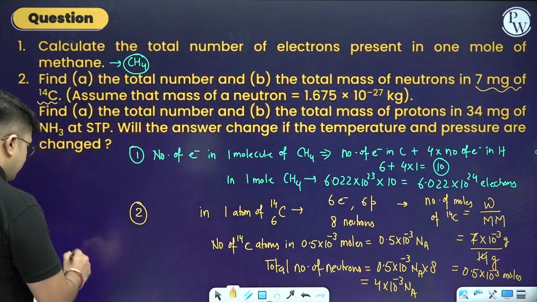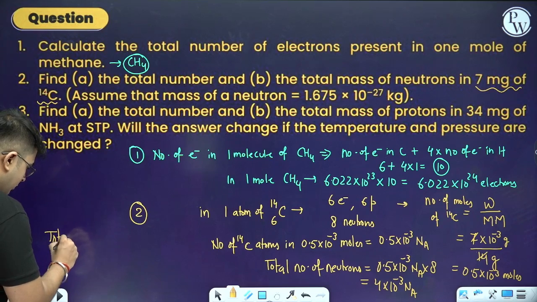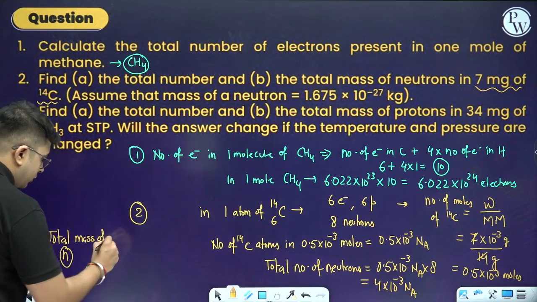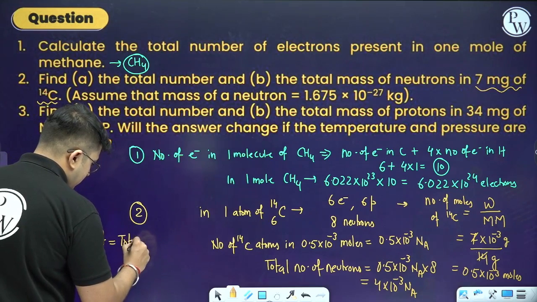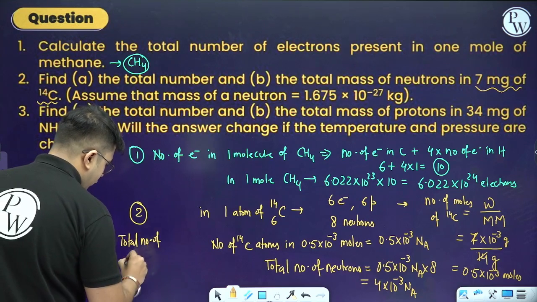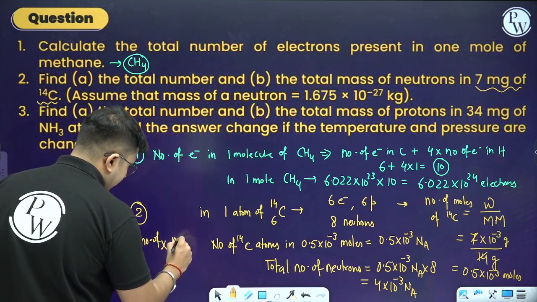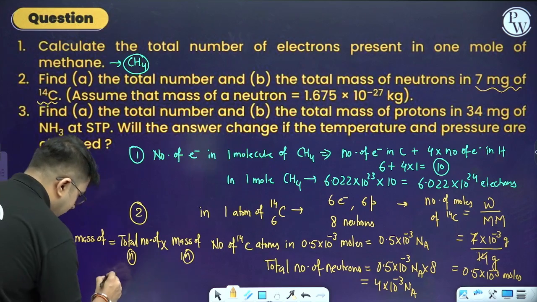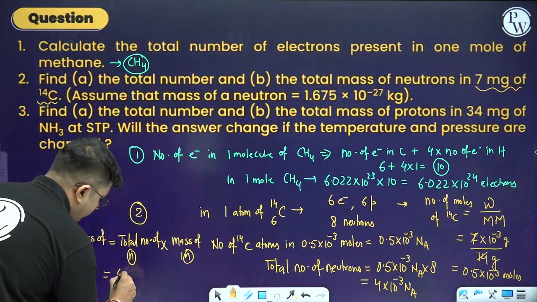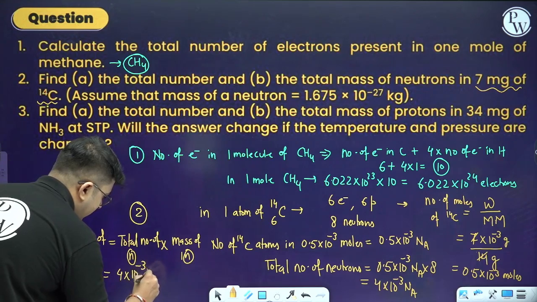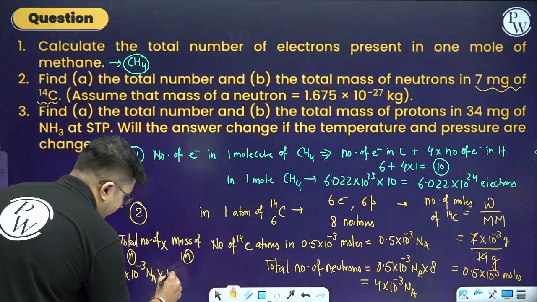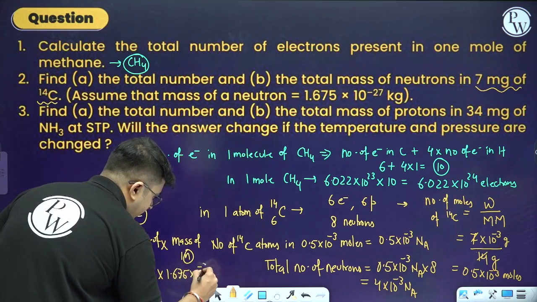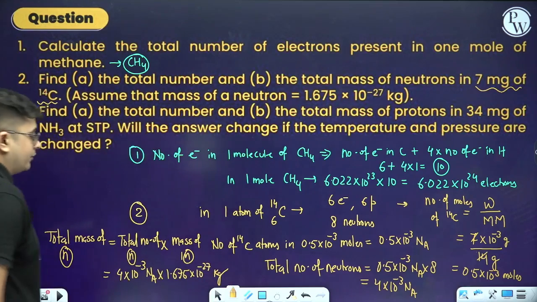So from this, total mass of neutrons will be total number of neutrons multiplied by mass of one neutron. That will be 4 multiplied by 10 raised to the power minus 3 Na multiplied by 1.675 multiplied by 10 raised to the power minus 27 kg. That will be the final answer.